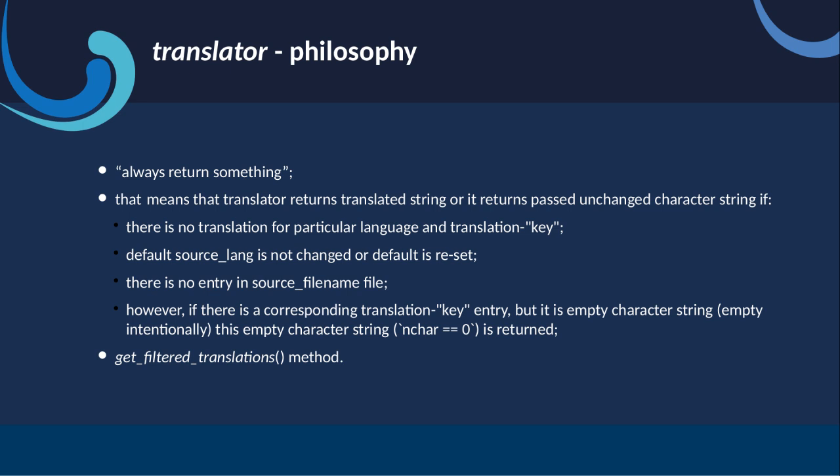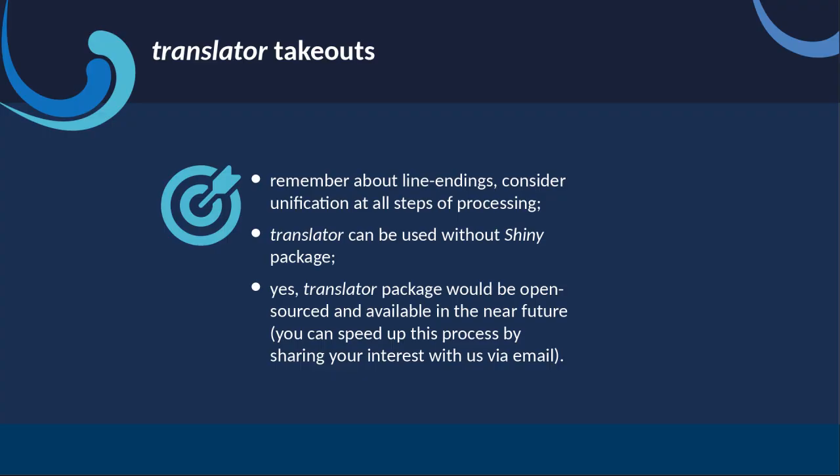Additionally, we also added a method which allows passing an additional filter so that a subset of translations is returned. We use this to send only a subset of translations to the UI when the whole set with all translations is not needed. Remember about line endings, different operating systems can produce different line endings in saved files.